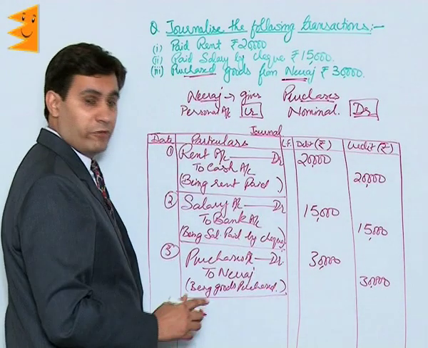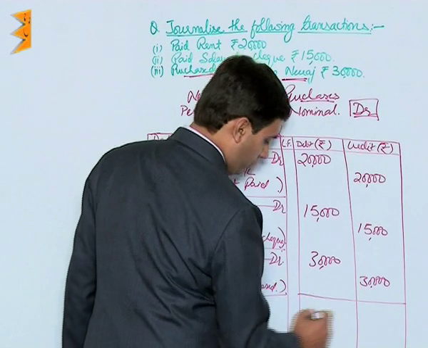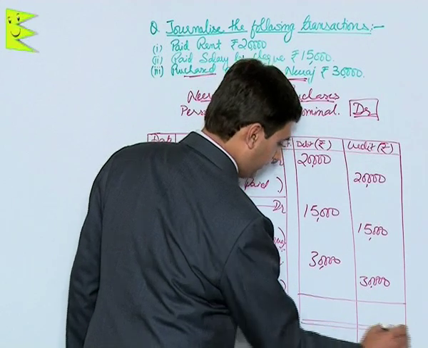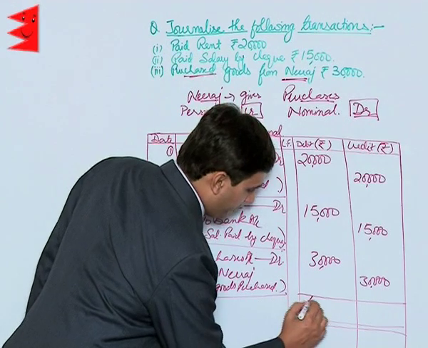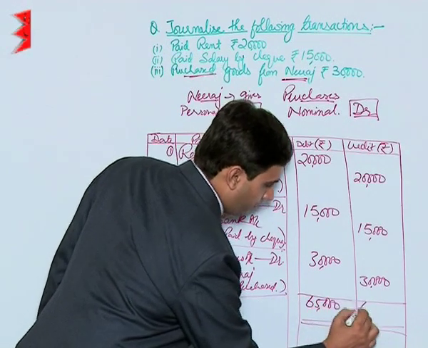And at the end, we must not forget to total out the trial balance. The total in this case comes to 65,000 on both the sides.